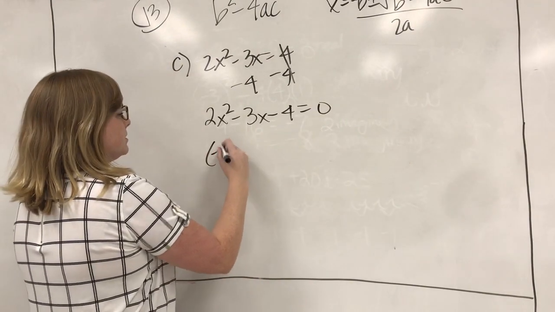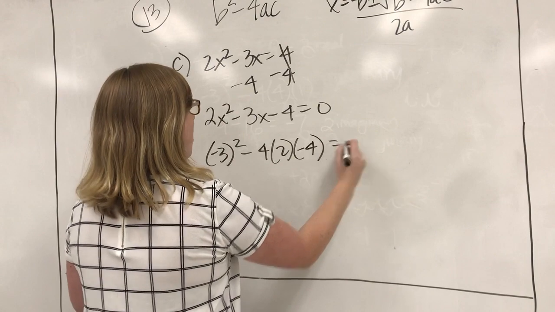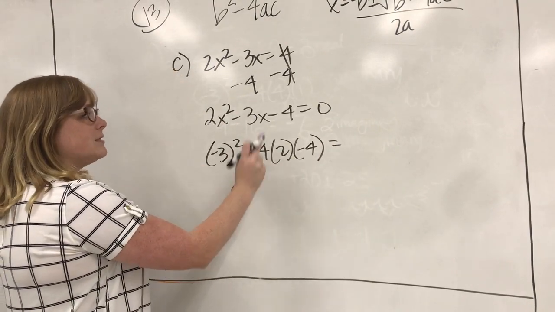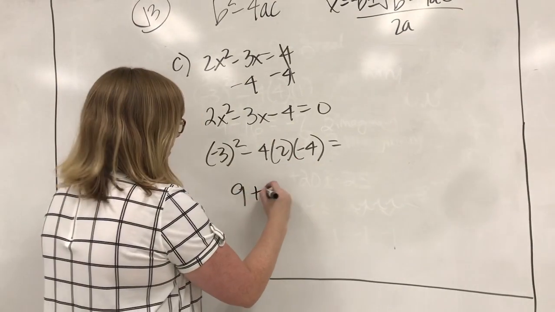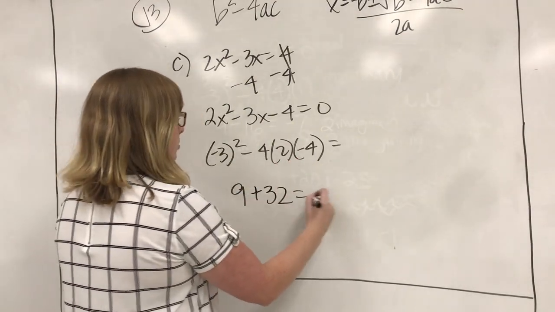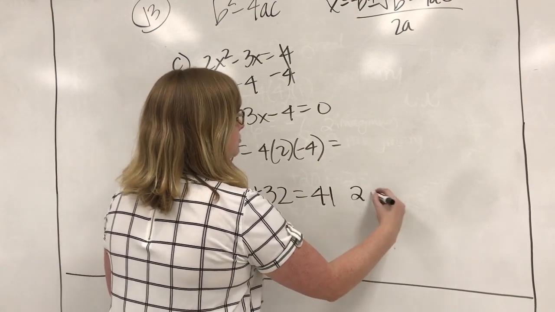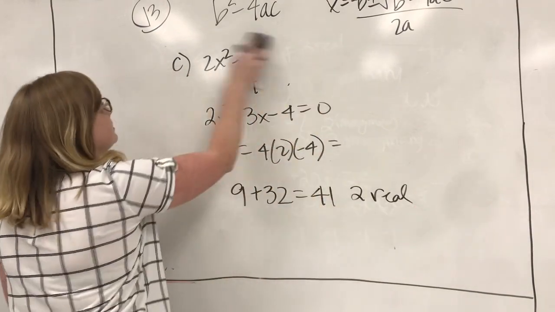Now I'm ready to do b squared minus 4ac. Okay? I get 9. Negative 4 times negative 4 is going to be a positive 16, which is going to give me a positive 32 when I multiply it by 2, which gives me 41, which means I have two real solutions.